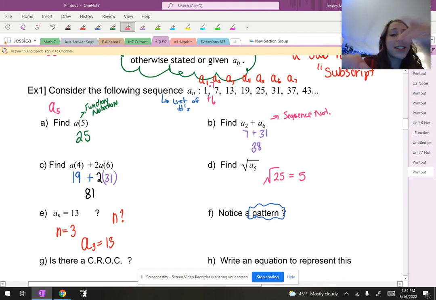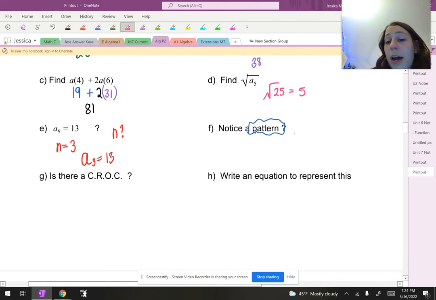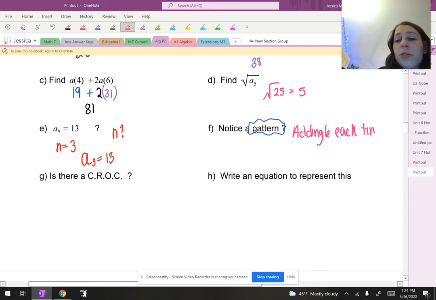But 7 plus 6 will give me 13. 13 plus 6 is going to give me 19, and I can see that this pattern is working out for me. So what is the pattern? I'm adding 6 each time.